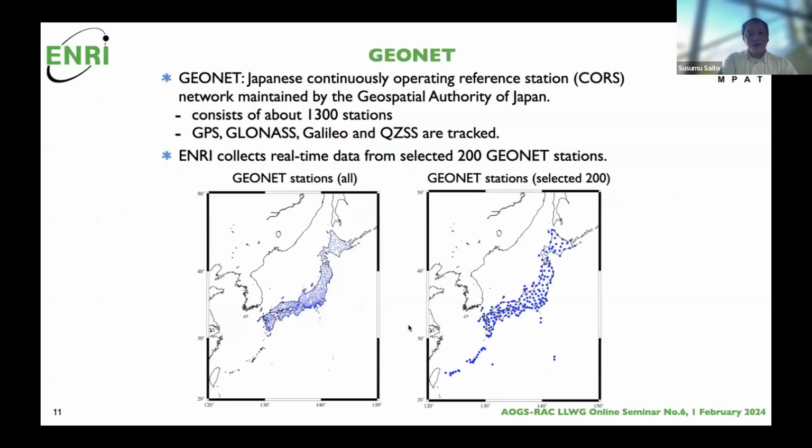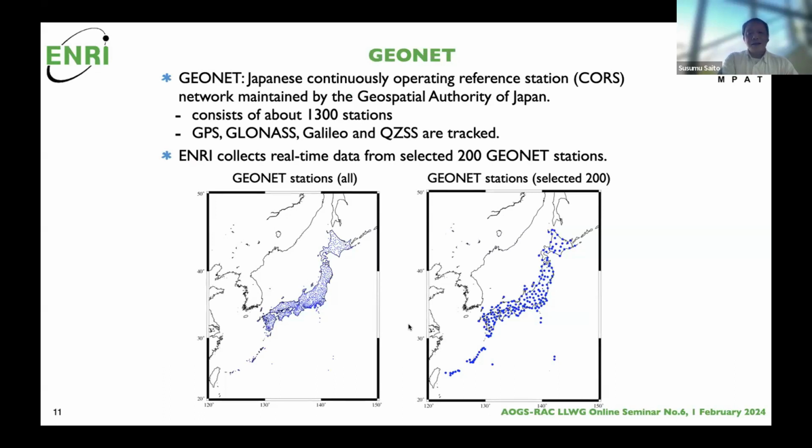And in Japan, we have a dense GNSS network called GEONET, the Japanese continuously operating reference station network, maintained by the Geospatial Authority of Japan.